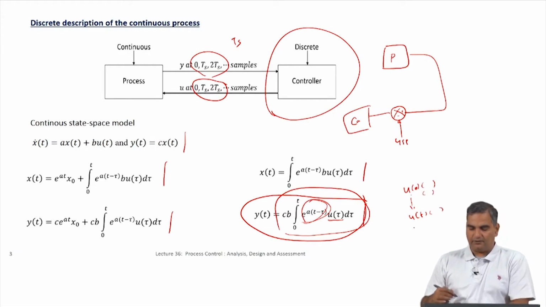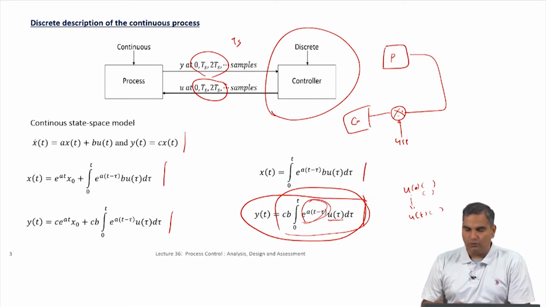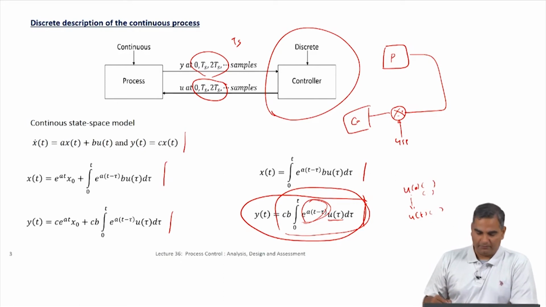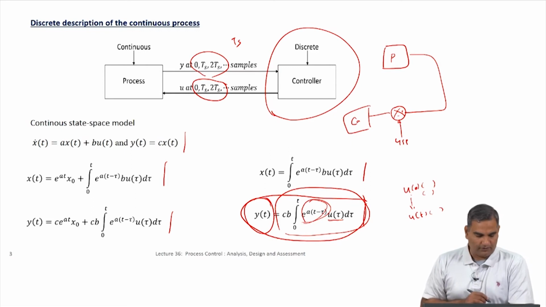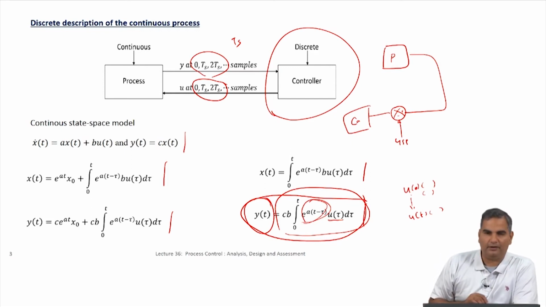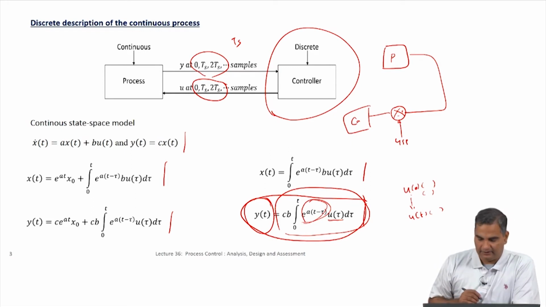So, if you think of this in a continuous fashion, every u is multiplied by some number, and then integration, if you think of this as a summation, all of these effects are being added up to give you the value of y of t. Okay. So, this is an important idea to start thinking about.